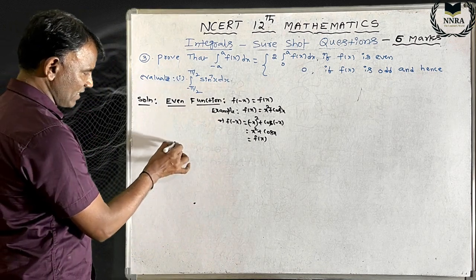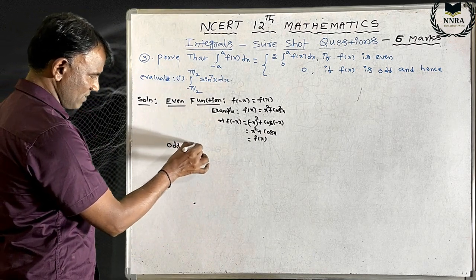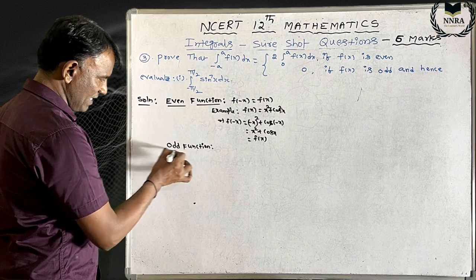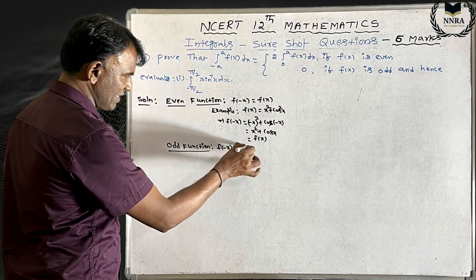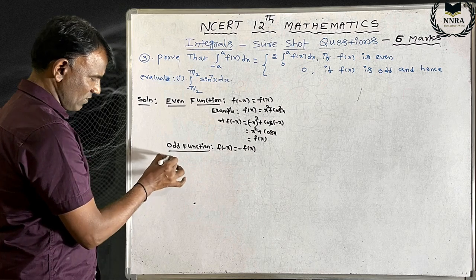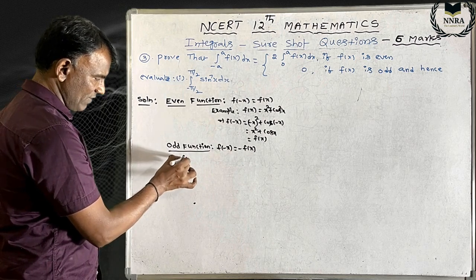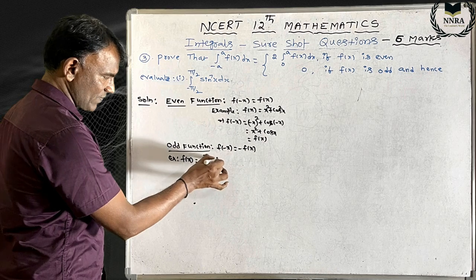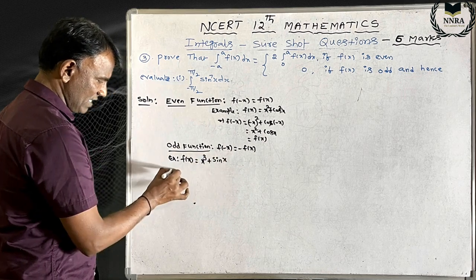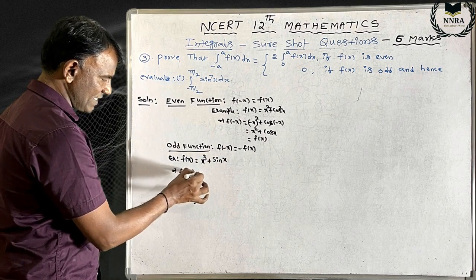And coming to the second one, the odd function. Okay. And here f of minus x equals minus f of x. Now an example, f of x equals x cube plus sin x. And what is the value of f of minus x?